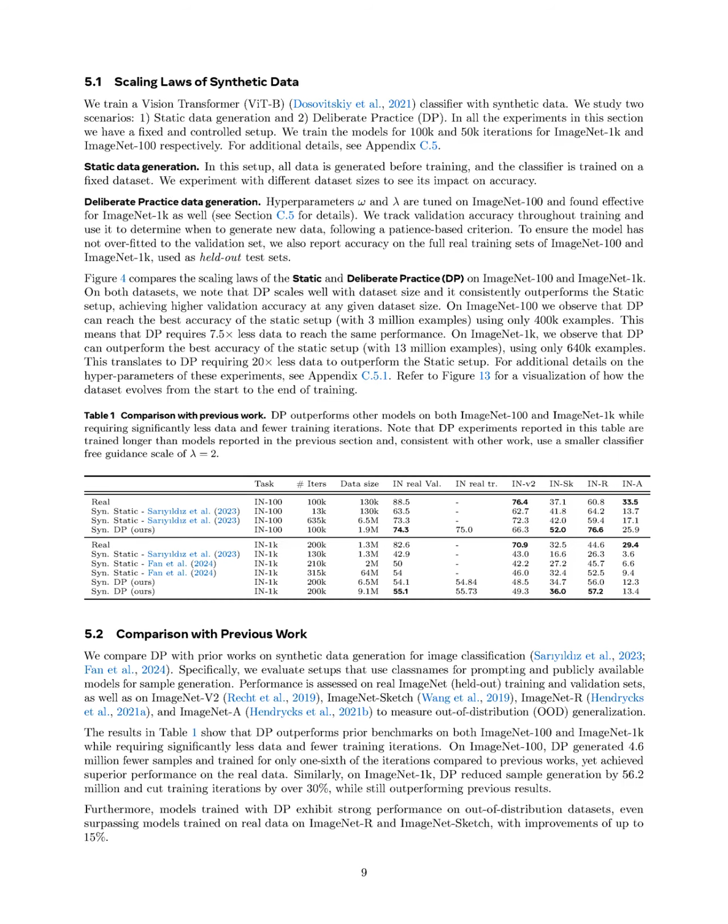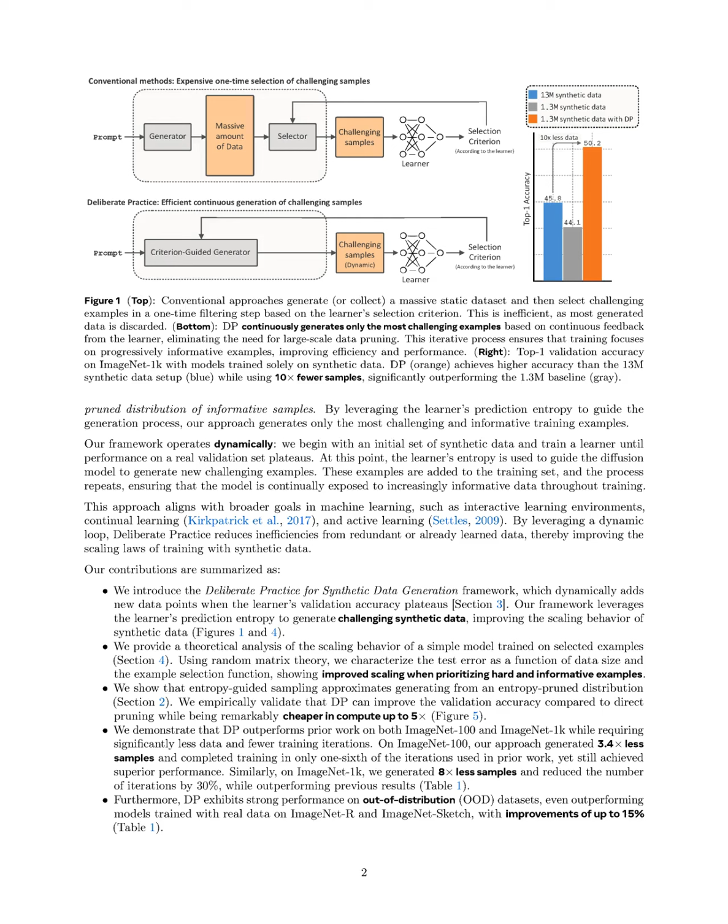The deliberate practice DP method demonstrated significant performance improvements compared to prior work on synthetic data generation for image classification. Specifically, on ImageNet 100, DP generated 4.6 million fewer samples and completed training in only 1/6 of the iterations used in previous methods, yet still achieved superior performance on real data.